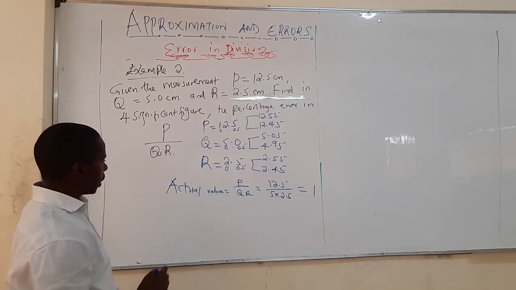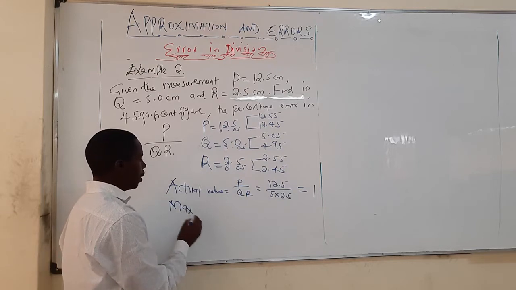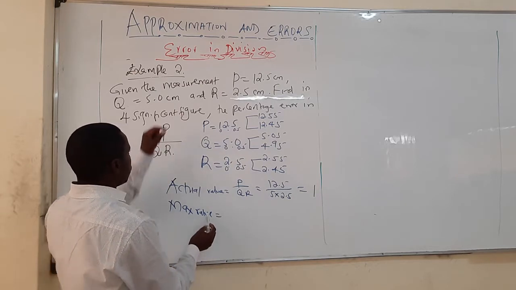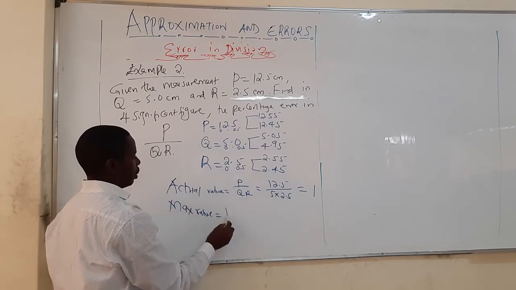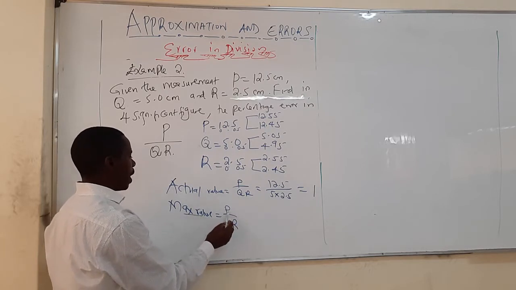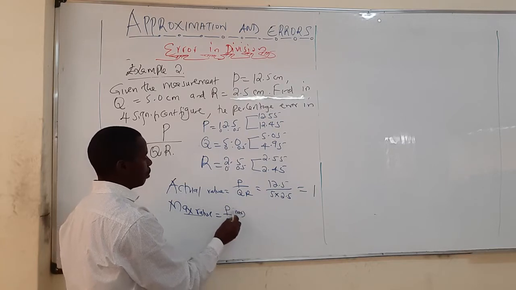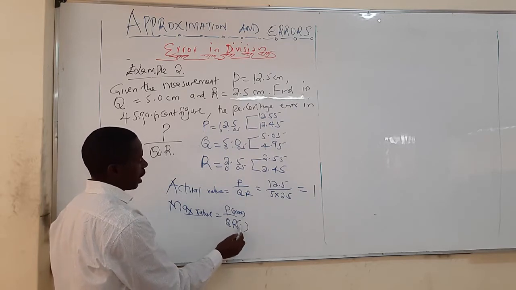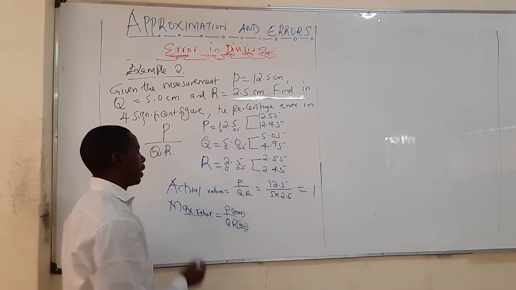Then we can get the other value. We can go to the next one as the maximum value. So the maximum value here, because we are dividing, for P over QR we want to get the maximum value. So our numerator should be at maximum, or the upper limit, and our denominator should be at the minimum, or the lowest part of it.